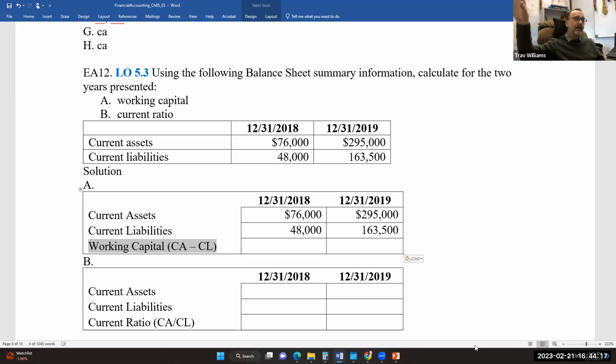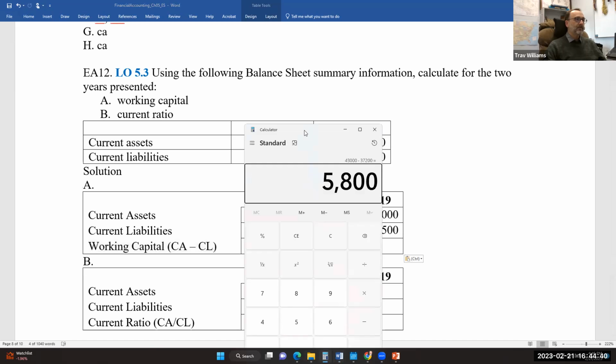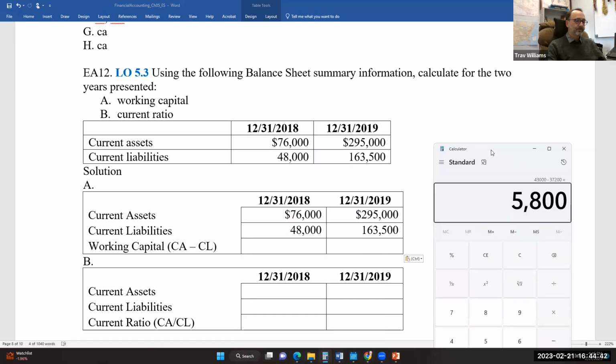Because if it's tied up in some long-term assets, we can't really work with it. And if we need to use the available short-term money to pay off short-term debts, well, we can't really work with that either. So it's how much extra short-term assets do we have compared to our short-term debts. So we take current assets minus current liabilities, and that gives us working capital.